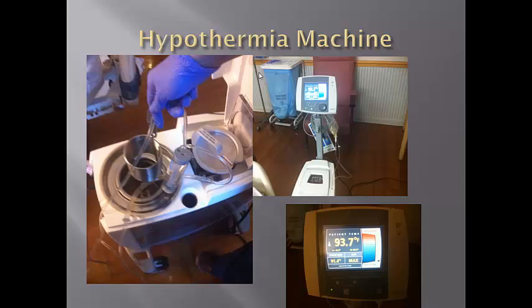You can see the dials, and that's how we set the machine to pick the temperature that we need. The picture on the bottom right shows the screen, and it shows that the temperature we set in Fahrenheit, 91.4, is our goal temperature.